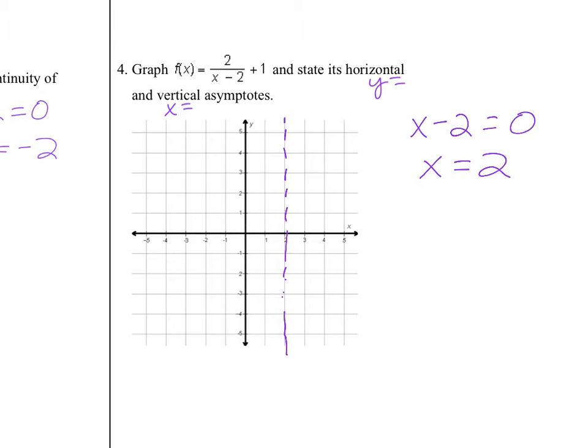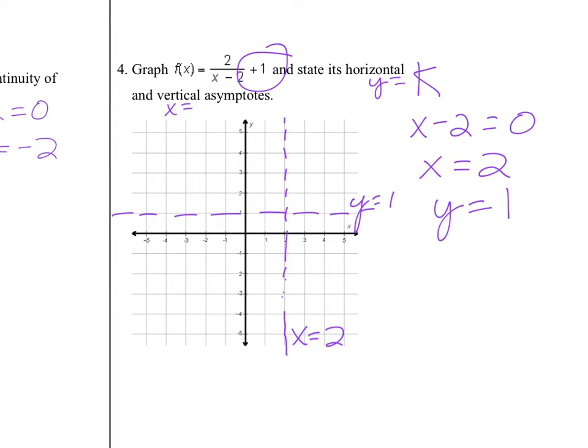I like separate colors, but I use a dotted line since I don't have a separate color right now. All right, so my y equal is my k. So I have a y equals 1 asymptote. Okay, y equals 1, x equals 2. All right, so those are my 2 asymptotes.